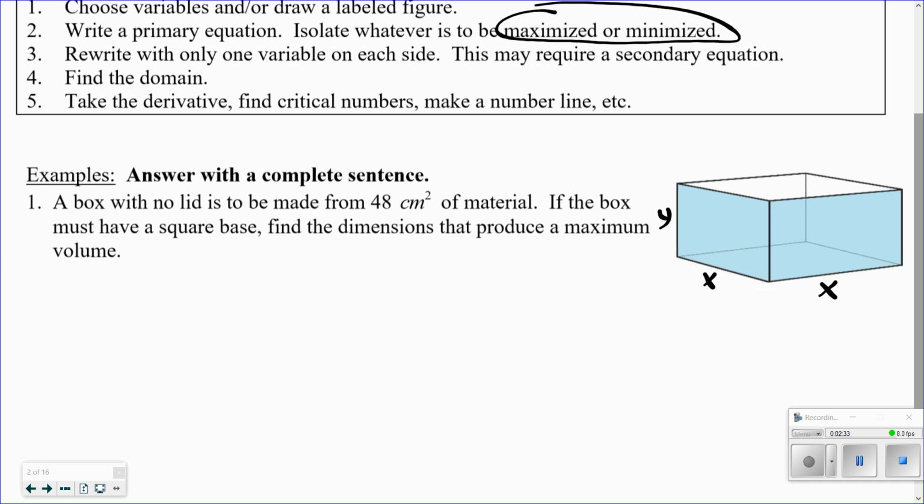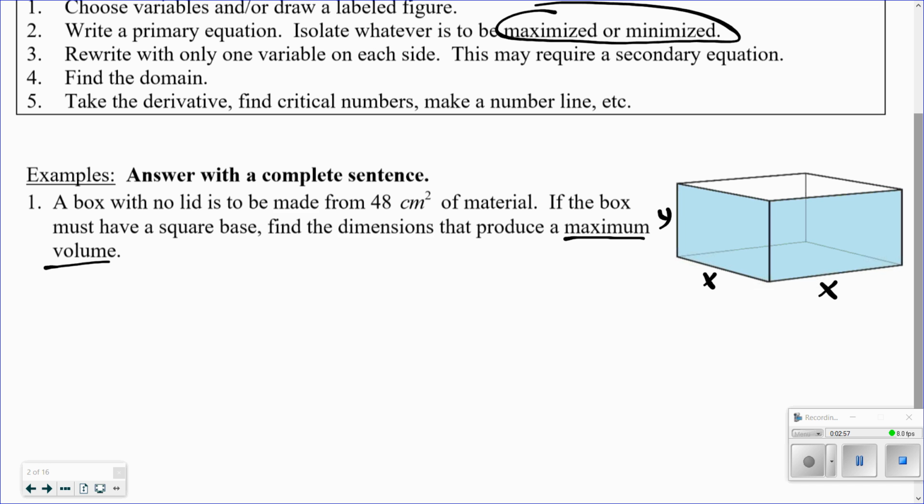Okay, number 2, come up with an equation. Now, your primary equation has to involve what you're maximizing or minimizing. So in this case, it says if the box must have a square base, find the dimensions that would produce, this is the important part, a maximum volume. So my primary equation has to involve the volume because that's what I'm trying to maximize.